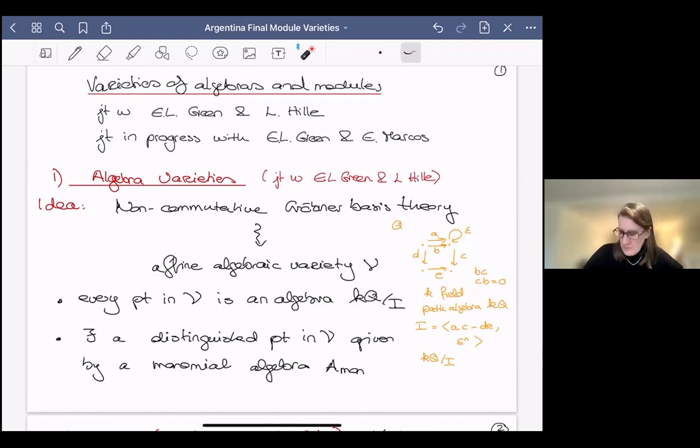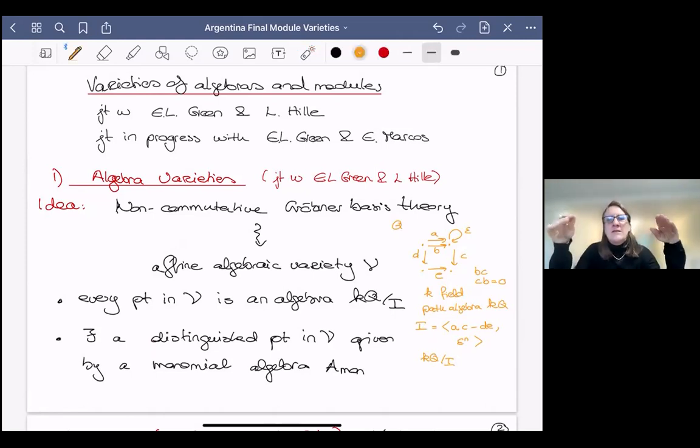And what is a monomial algebra? Well, if you make the analogy with polynomial algebra, so if you have, let's say, a polynomial algebra in one variable k[x], then of course any polynomial will give you an ideal, and you can build the quotient, but there's special ideals, and those are those that are given by monomials.